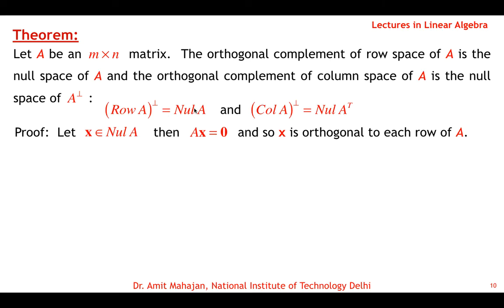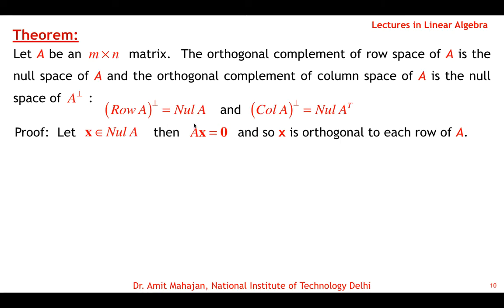Say let X belong to null space A, we will prove that it also belongs to this set. If any vector belongs to null space A, that means this vector satisfies the homogeneous equation Ax is equal to 0. So Ax is equal to 0, and so the X vector is orthogonal to each row of A. This is because when the A matrix is multiplied with the column vector X, each row of A is multiplied with the X vector, and it gives the right hand side vector which is 0.